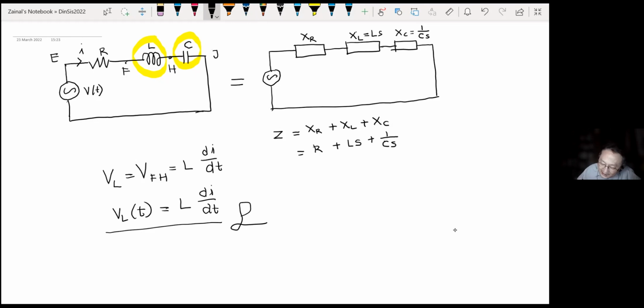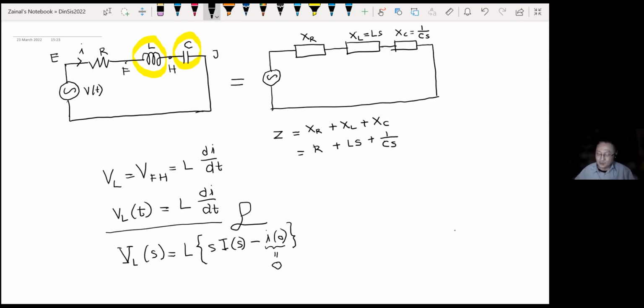If you apply the Laplace transform, then this becomes VL(S) is equal to L multiplied by S I(S) minus I0. If we want to find the Laplace transform, set all initial conditions equal to 0.